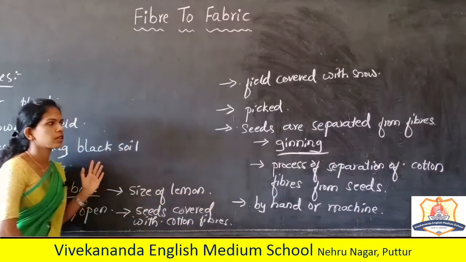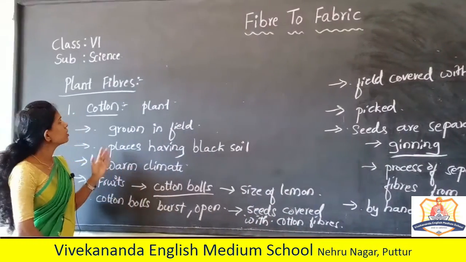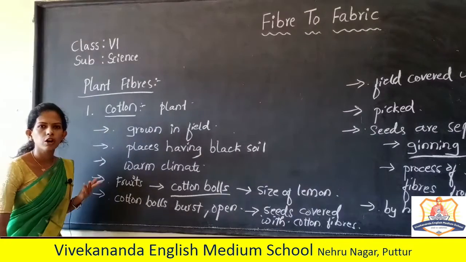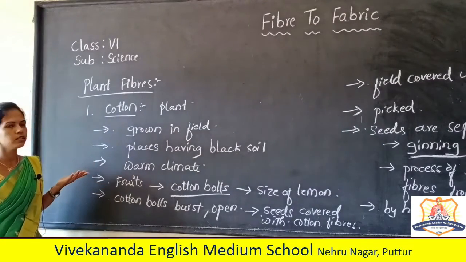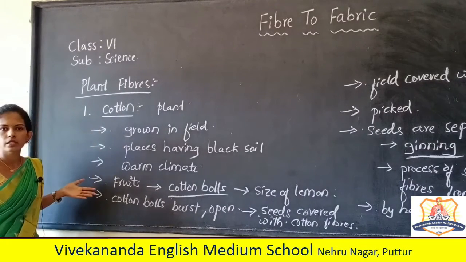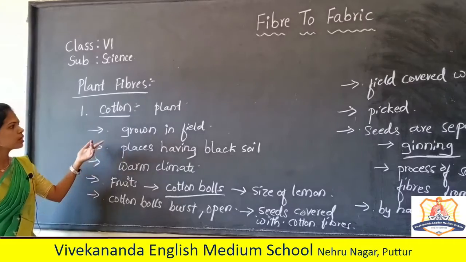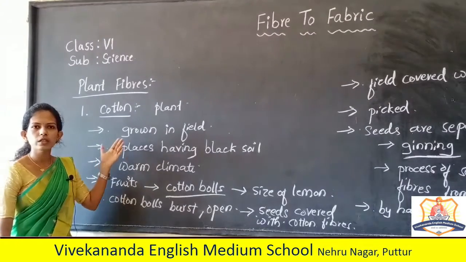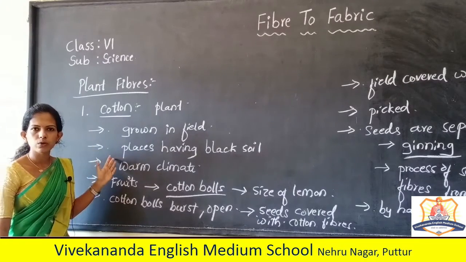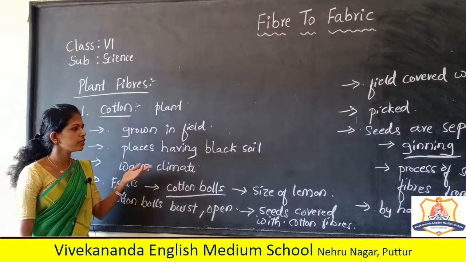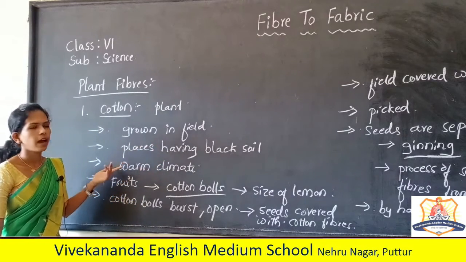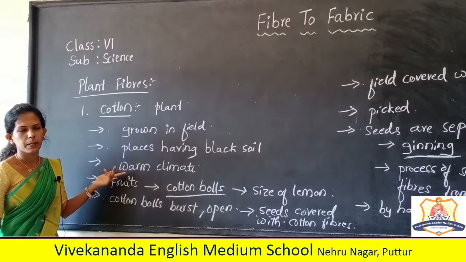Let us see once again. Among plant fibers, the first one is cotton. We get cotton from the cotton plant, and we saw the cultivation. Cotton is grown in cotton fields, in places having black soil. They need black soil and warm climate.